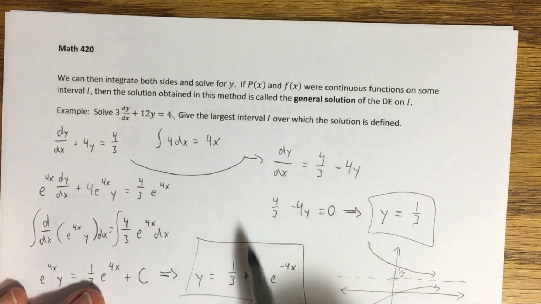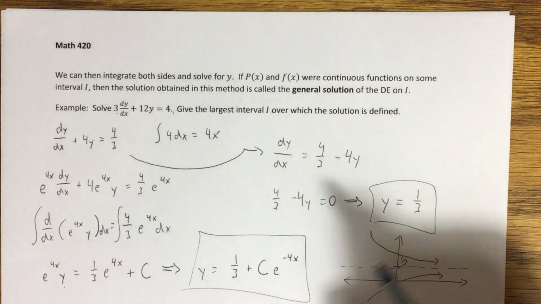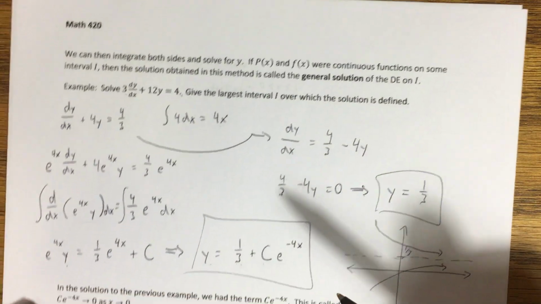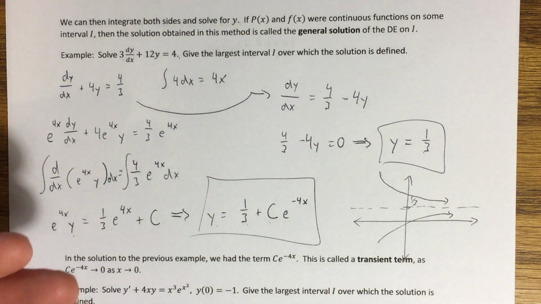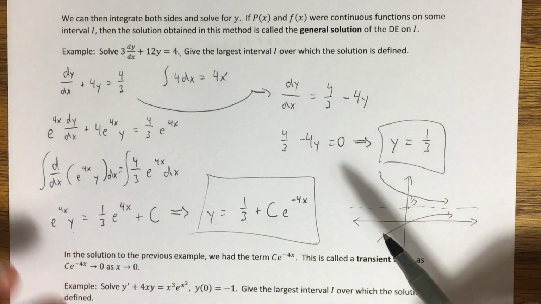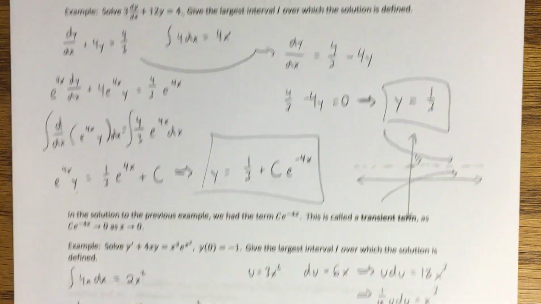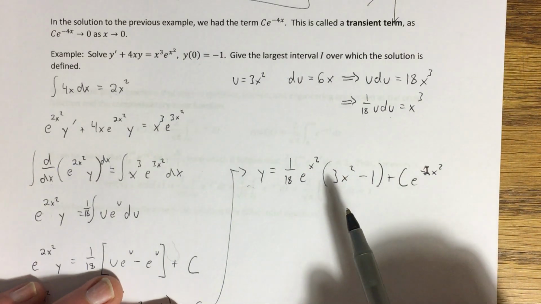We're going to start calling these infinite families of solutions general solutions, because the process that we use to solve them basically gives us the entire family of solutions that are possible for a DE, with the possible exception of these little equilibrium solutions or singular solutions. So this is the general solution, but let's plug in our initial condition.